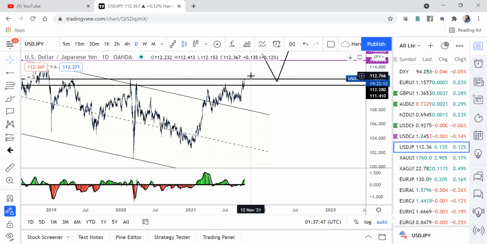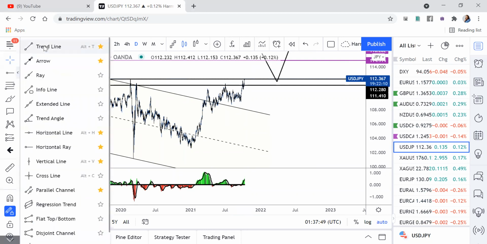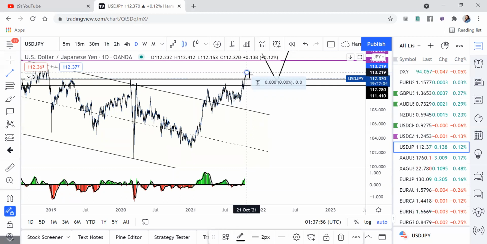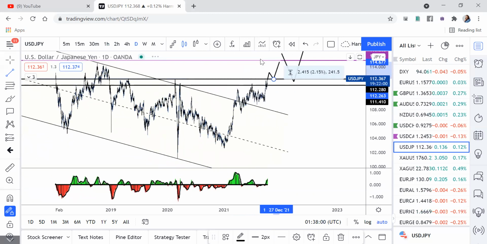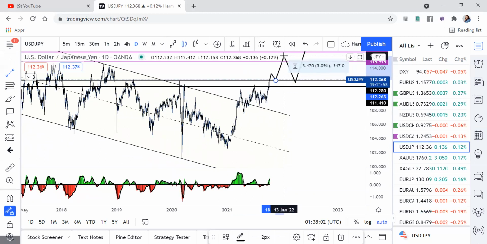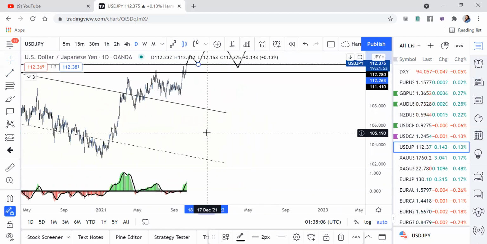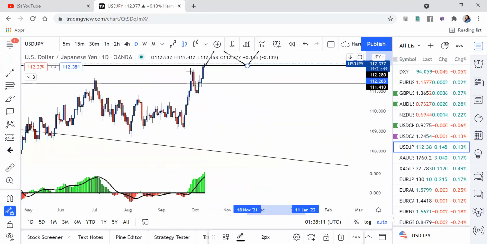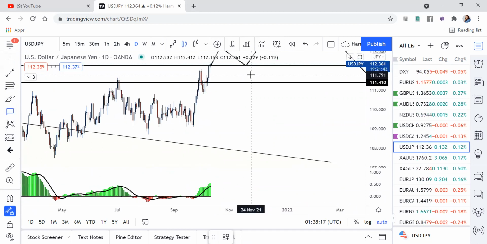right? So let's look for this. Wait for price to break. Retest here. Let's get the retest and then we could look to buy. So that's what we're gonna wait for, this to give us a nice solid break, nice impulsive candle.